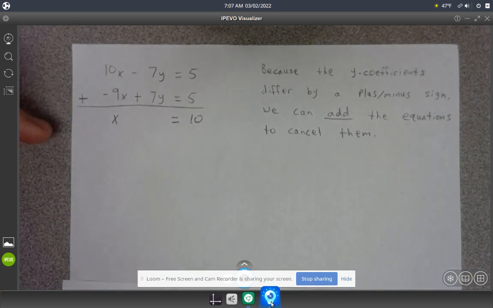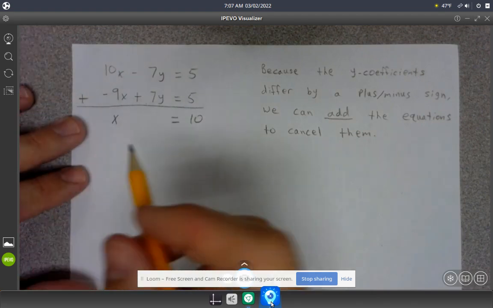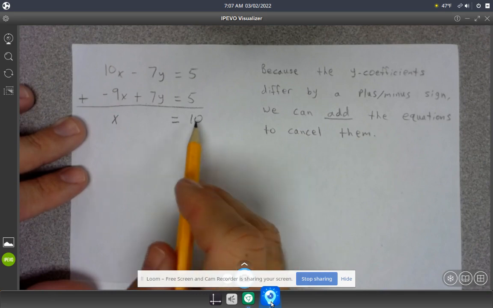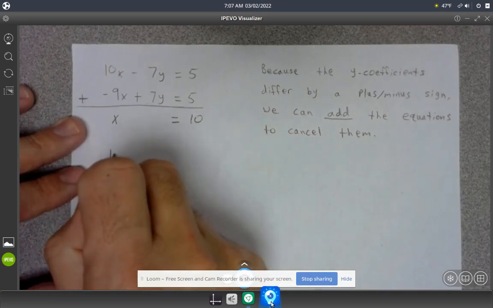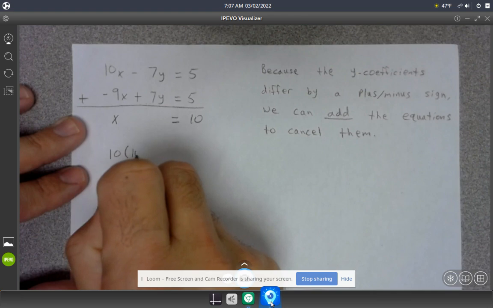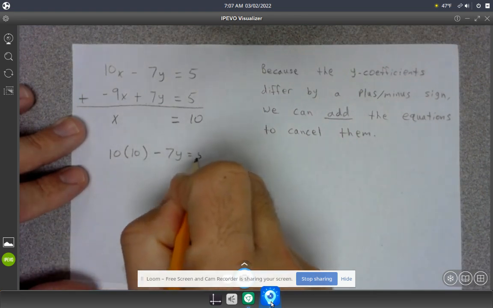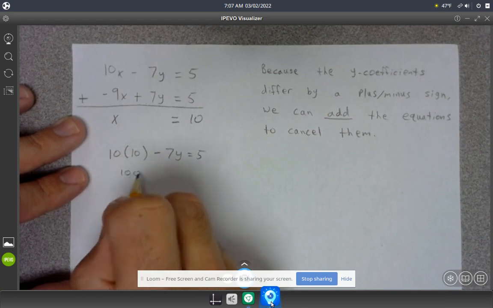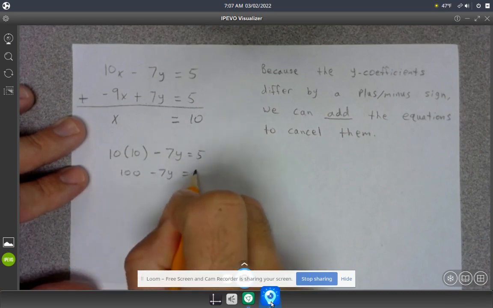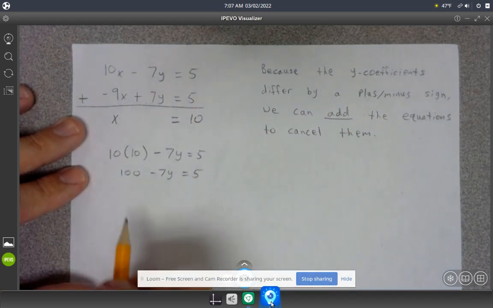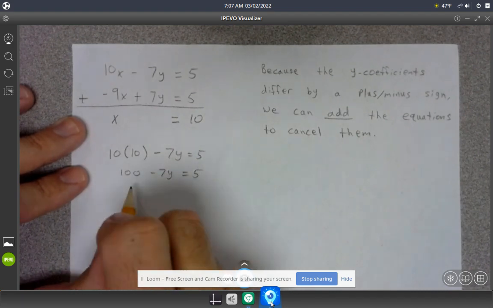Now you'd still have to finish this off by taking your 10 and plugging it back into one of the equations to solve for y. So I'll use that top equation. It's going to be 10 times 10 for x minus 7y equals 5. This would be 100 minus 7y. We would need to subtract 100 from both sides.